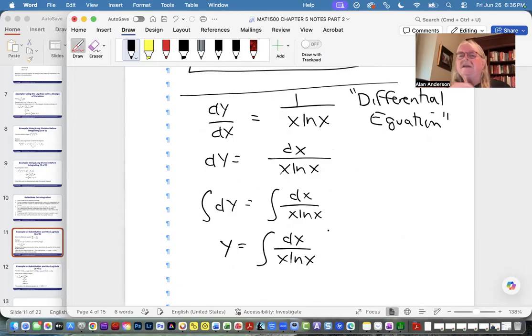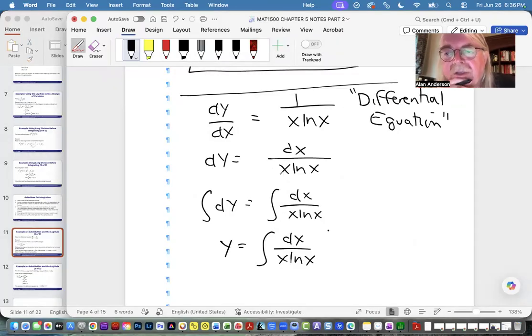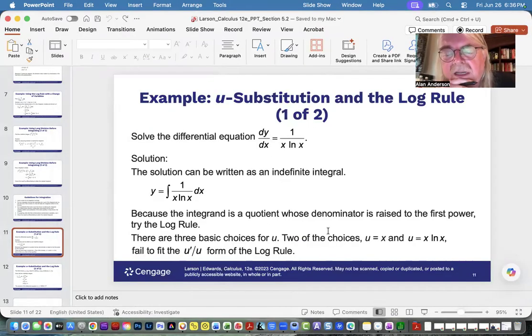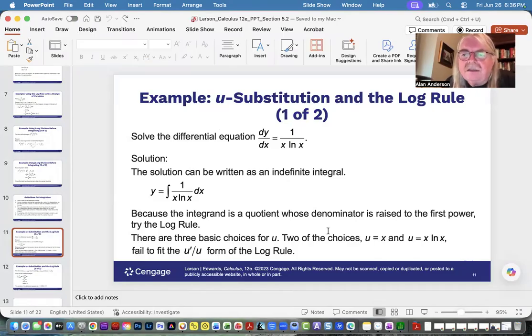So what they're recommending, they're essentially telling us that we're going to use u substitution, but because we can't be sure what is the best choice, we could try u equals x. In the denominator, it could be u equals log x or x log x. So they're giving us a helpful hint to save us some time.